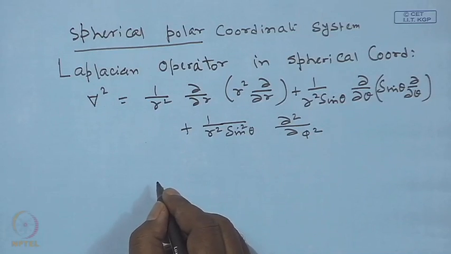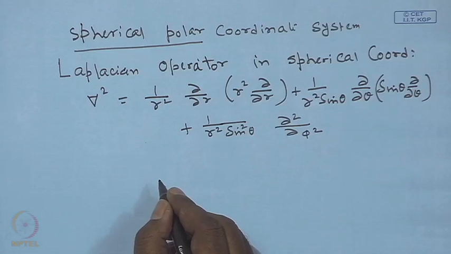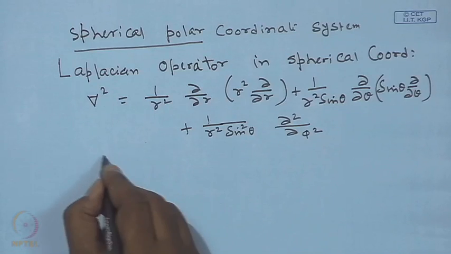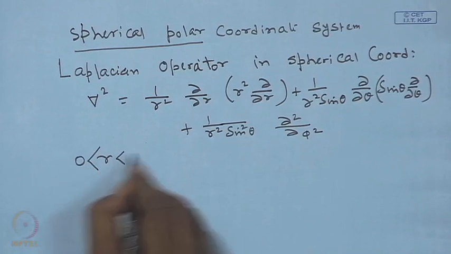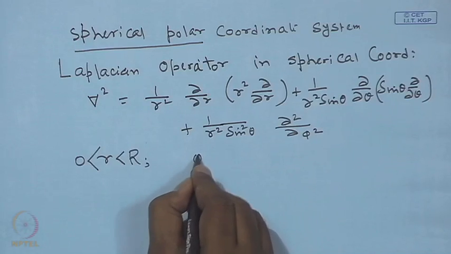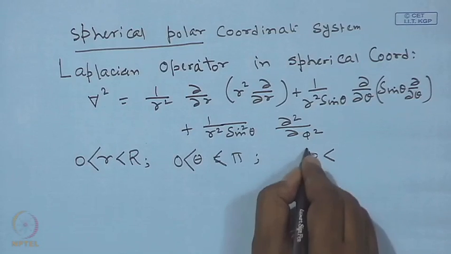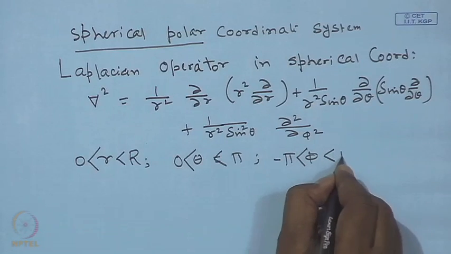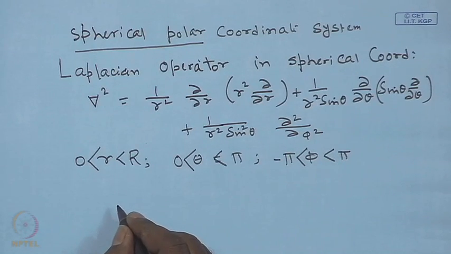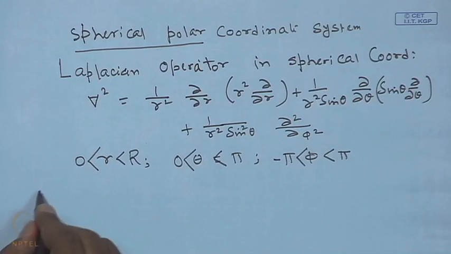This is the grad square operator in the spherical polar coordinate system. Here r varies from 0 to capital R, theta varies from 0 to pi, and phi varies from minus pi to plus pi. Now, we take up one example first.